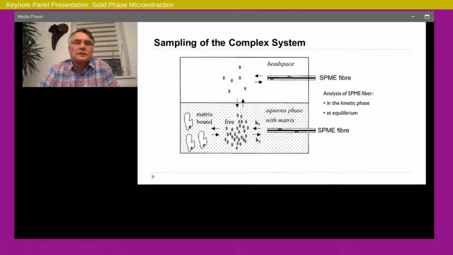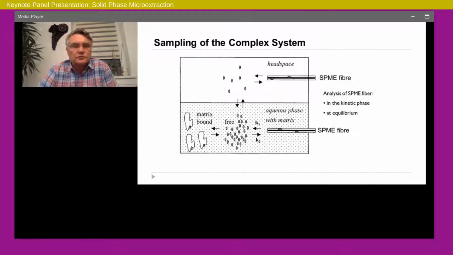So I will tell you now about looking at the complex samples because that's what we focus on in our presentation. As I mentioned to you, the very popular application of solid phase microextraction is headspace analysis. In headspace analysis, you separate the extraction phase from the complex sample via headspace.